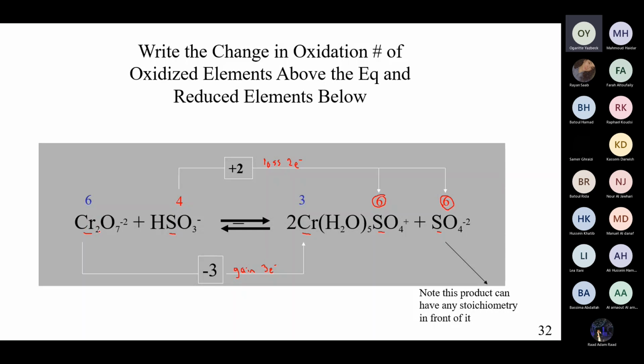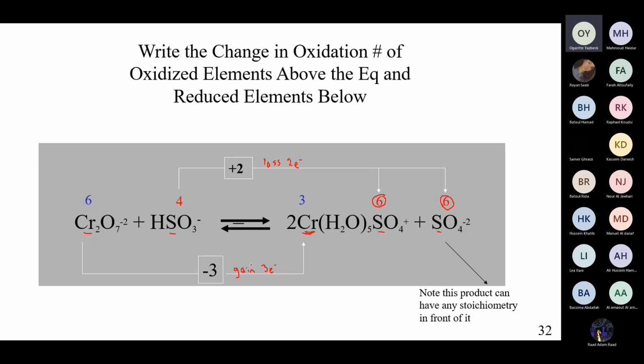So here, chromium has 2 elements, so I have to have 2 in front of it for the chromium. The sulfurs, I don't balance them now. I use whatever the electrons gain and loss to balance. Each chromium must gain 3 electrons to go from the reactant side to the product side.